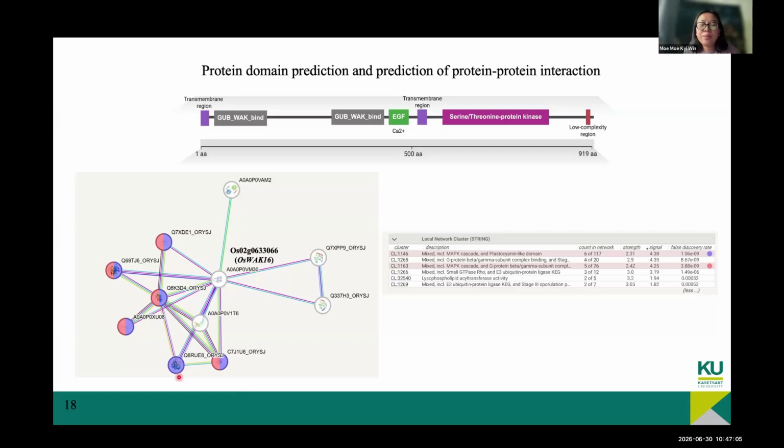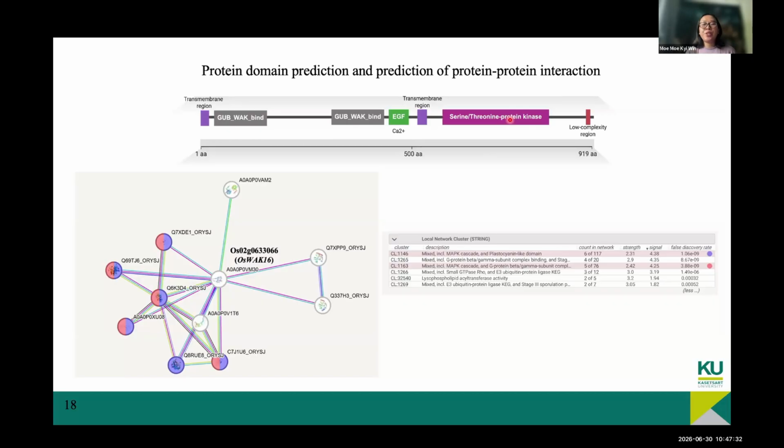As our prediction shows, our WEX16 has extracellular domains like the GUB WAK binding domain and epidermal growth factor domains to receive the signals. For relaying the signal, we found the transmembrane region in our WEX16 and a serine threonine protein kinase as the intracellular protein domain.